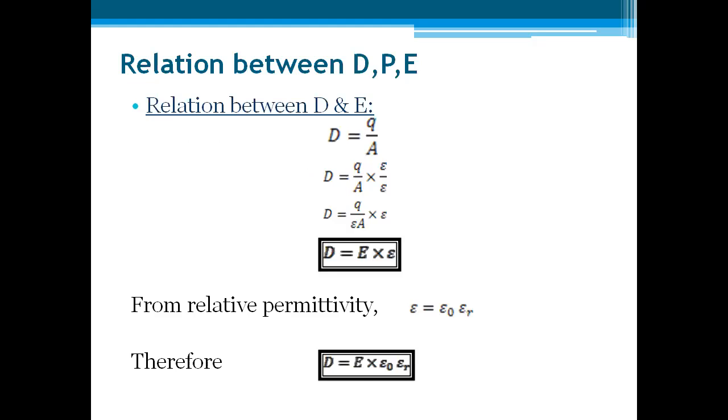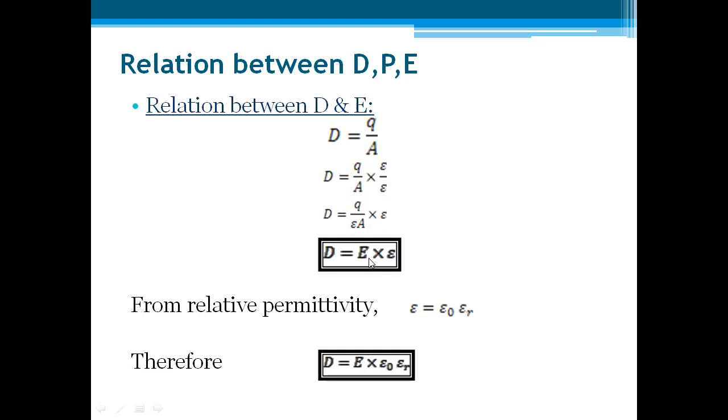So coming to the relation between displacement vector, polarization vector, and electric field intensity, let us first derive a relation between displacement vector and electric field intensity. That is, D is equal to Q by A, charge per unit area. Just multiply and divide with epsilon on the right hand side of the equation. Then Q by epsilon A into epsilon, where Q by epsilon A is nothing but electric field intensity.